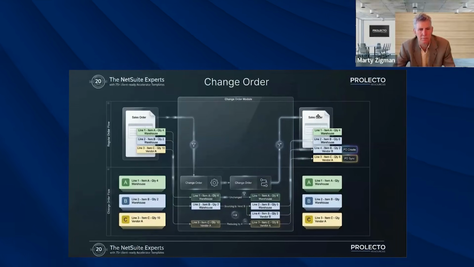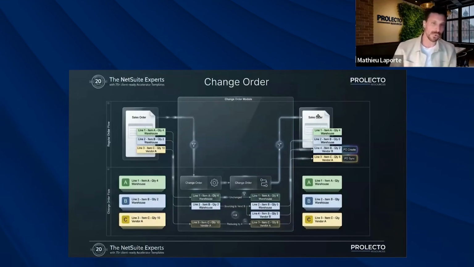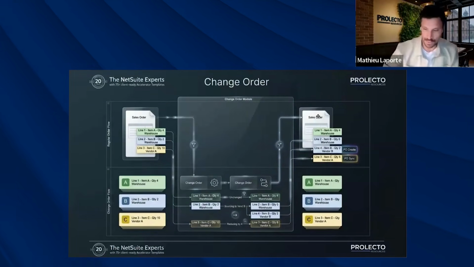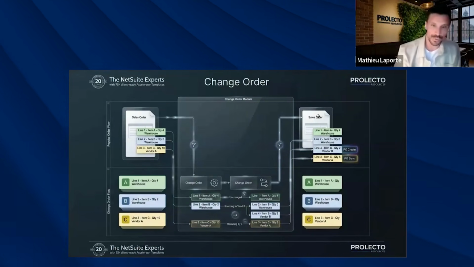So net negative impact has to flow back to the original order. There's nothing we can do about that. Positive impact, you have the freedom to decide: do you want those positive impacts to go back to my original order, or they can also route to a brand new order because that's how you want to do it. So a little freedom to choose on what you want to do here.